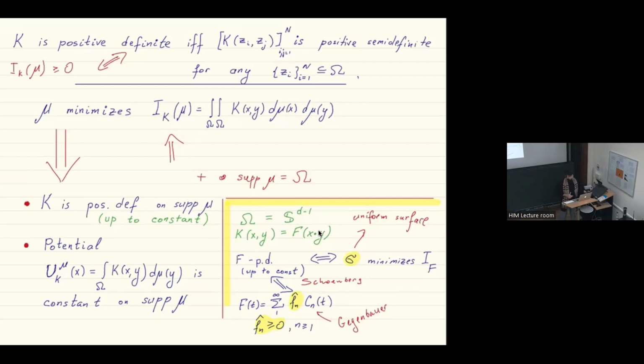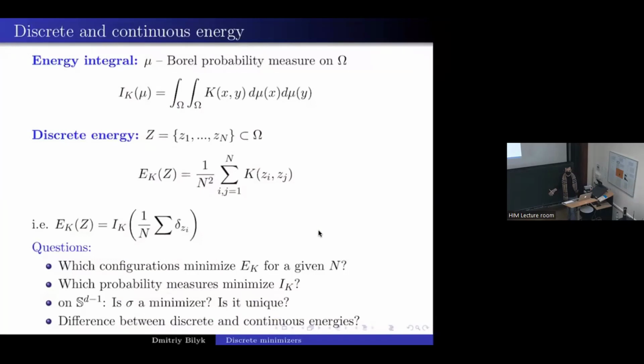All right. I'll just mention in passing the connection to discrete problems of discrete energy minimization. In parallel to this object, you can consider discrete energies, with the same kernel. I like to write them this way with normalization here, because then these two definitions are compatible.